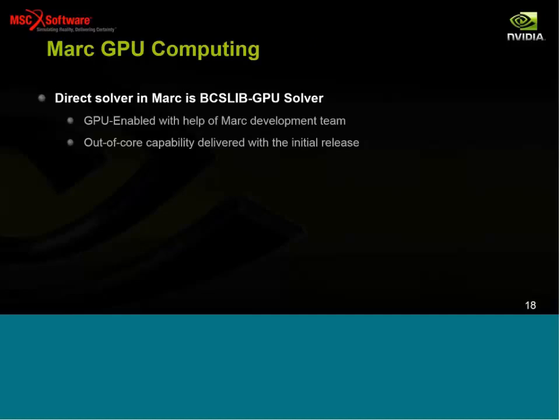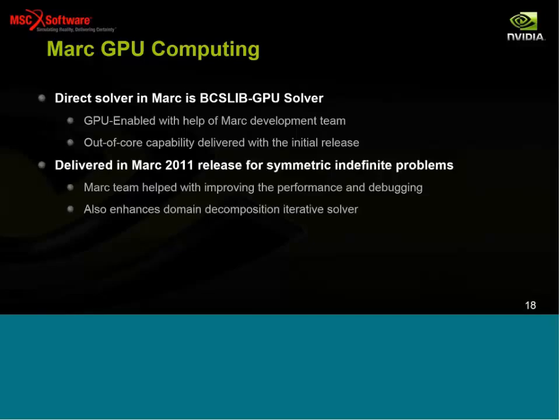Marc relies on a different matrix factorization method than MSC Nastran. Nastran has its own native factorization method. Marc uses the BCSLIB-GPU solver developed by Boeing and Access Analytics. The GPU solver was based on the original BCSLIB-EXT solver, and the Marc development team worked closely with the BCSLIB-GPU team over the years to release Marc in 2011 with GPU support.